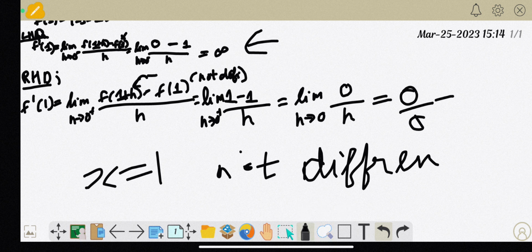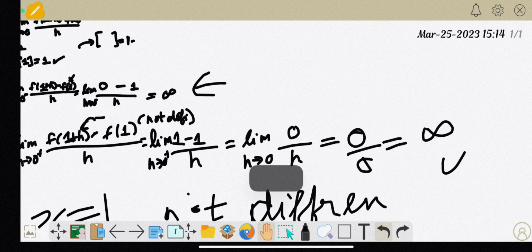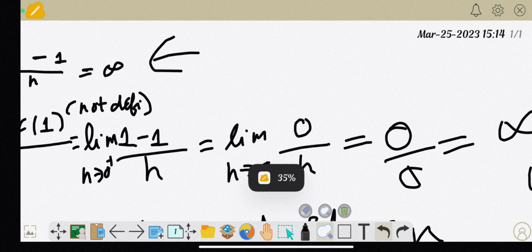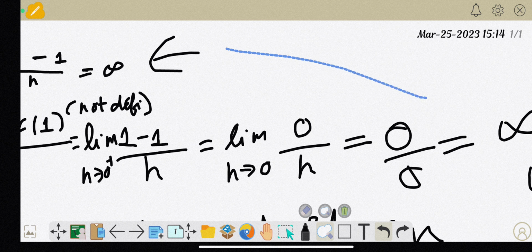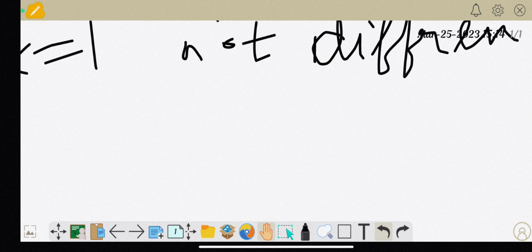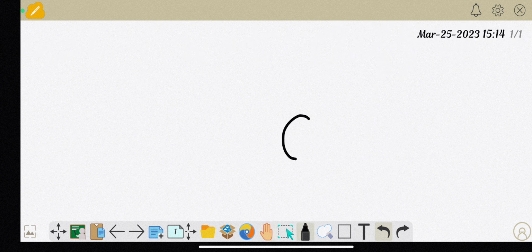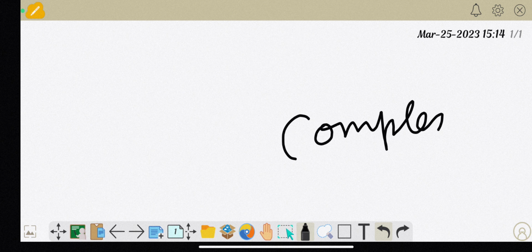No, see, if you get a finite number on the left hand side and a finite number on the right hand side, and those two finite numbers are equal, then only it is differentiable. If on the left hand side you get a complex number, or infinity, or any indeterminate form, then it is not differentiable.